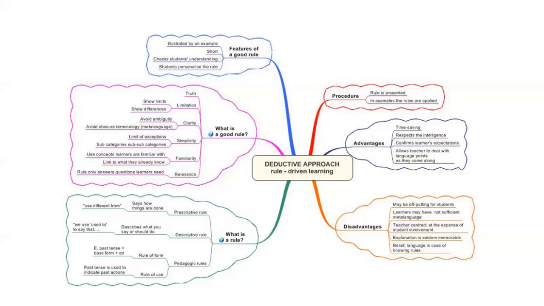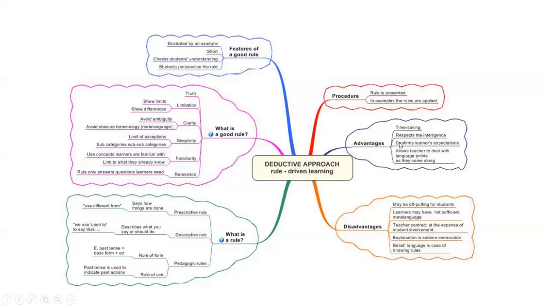So I presented the general idea first, the noun, events, holidays. Then I presented some examples. So that will be the deductive approach. Okay. So what are the advantages of deductive approach?